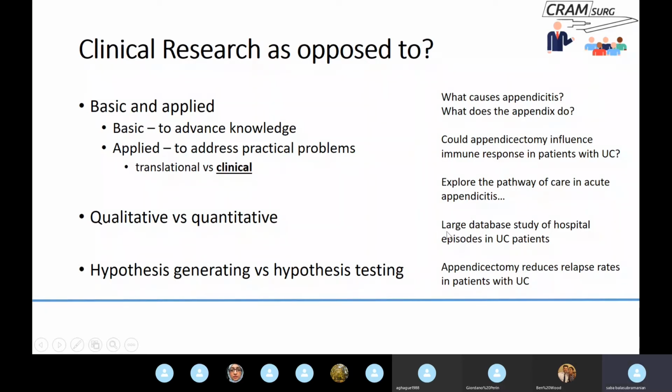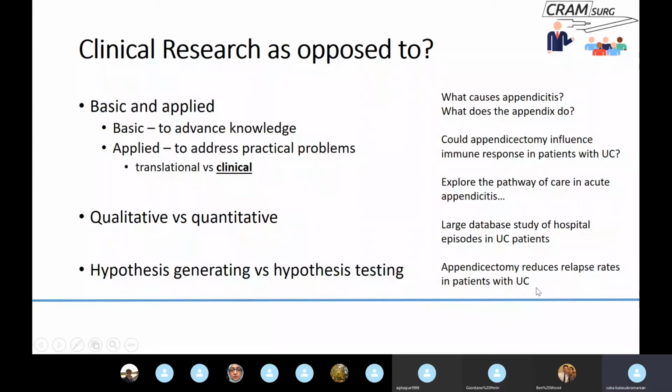Next, if you want to look at a large database of hospital episodes in patients with ulcerative colitis, just to try and figure out aspects of care in these patients and whether these patients have been subject to interventions like appendicectomy, you are essentially exploring a large database without perhaps a fixed or predetermined hypothesis, and that would be classed as hypothesis generating research.